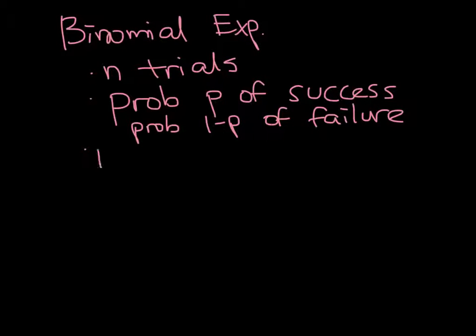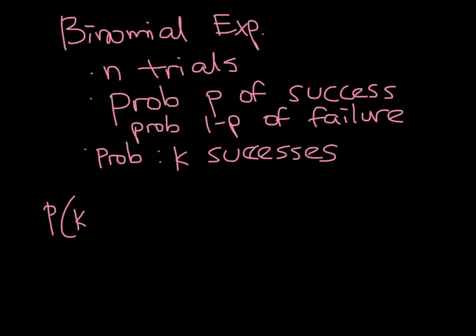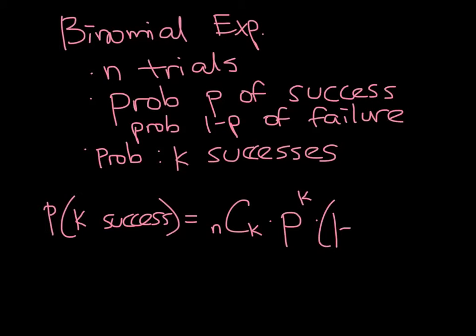And you want to know the probability that you get k successes. The formula for this is you'll take the combination of n choose k, multiply that by the probability of success to the power of the number of successes you wanted, times the probability of failure to the power of the number of failures that you wanted, which is equal to n minus k.